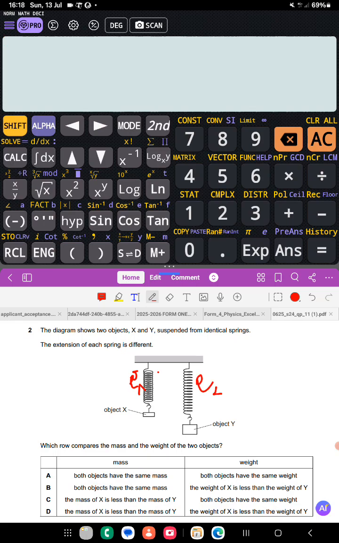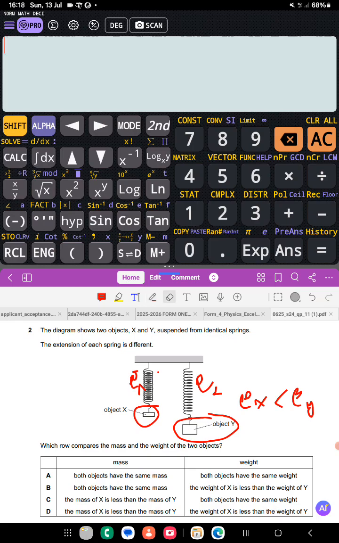In this case, the extension of X is less than the extension of Y from the look of things, because Y is longer than X. So that means the mass and the weight of X must be less than the mass and the weight of Y.